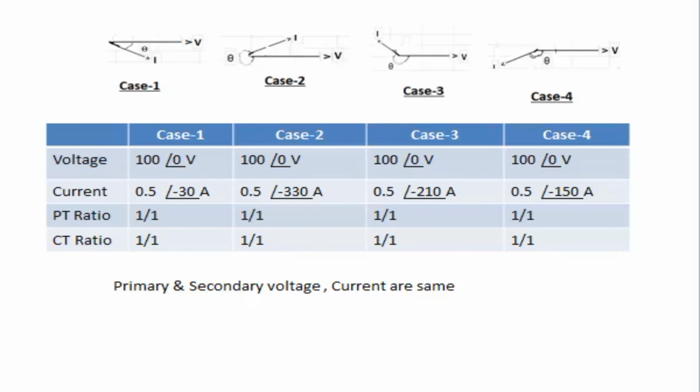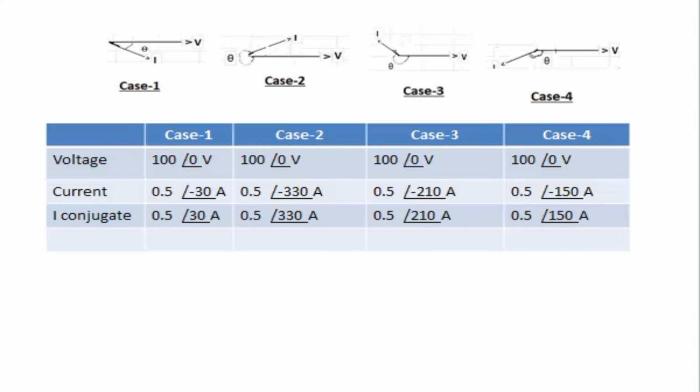Second case, 0.5 ampere angle minus 330 degree. Third case, 0.5 ampere angle minus 210 degree. Case 4, 0.5 ampere angle minus 150 degree. Here CT ratio and PT ratio are 1:1. So whatever the primary current and primary voltage, that will appear in the measurer unit or relay.